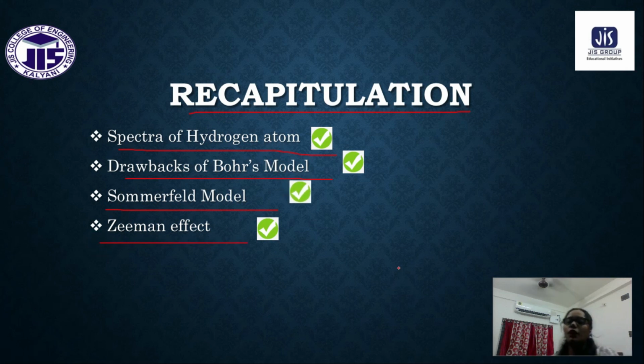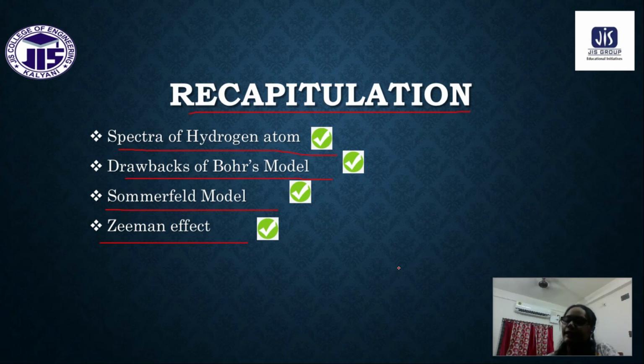When we apply a magnetic field to the line spectra of the hydrogen atom, what will happen? We can see the spectra of the hydrogen atom split further in the presence of the magnetic field. To explain this, we have to introduce another quantum number, called the magnetic quantum number.